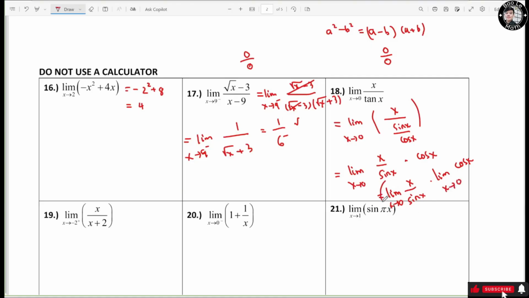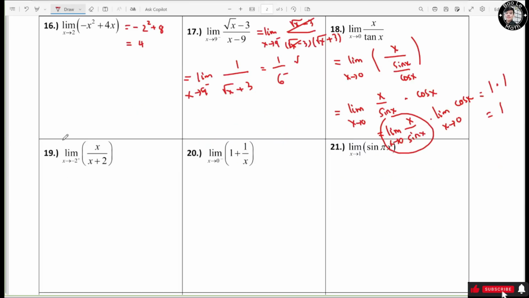We know that this guy is 1 by the formula, right? So the answer is 1 times limit of cosine s when s approaches 0, which is going to be 1. So the answer should be 1, right? Now question 19, limit of the function x over x plus 2 when x approaches negative 2 plus.